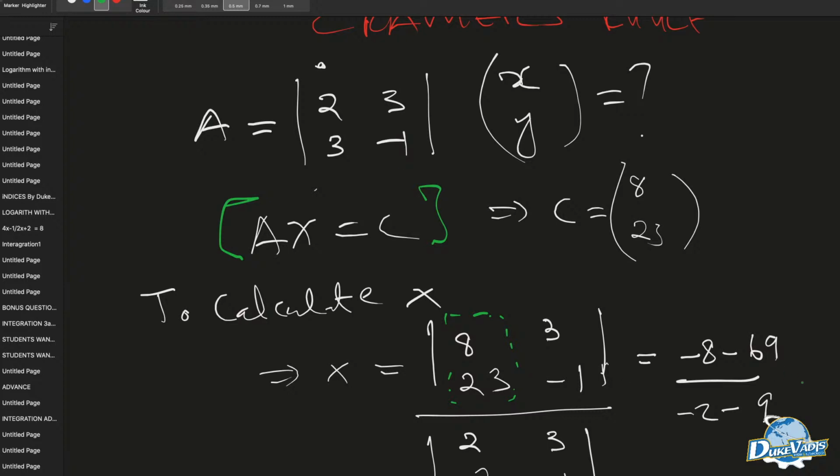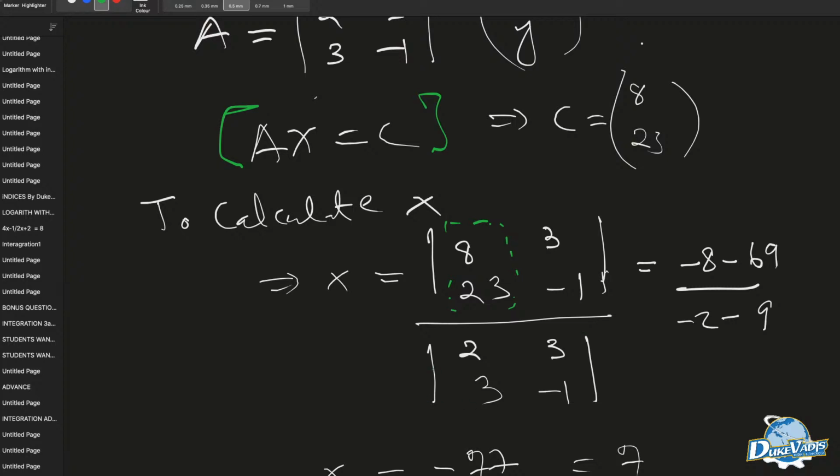So we ended up with this. Bear in mind that the denominator is the same matrix, 2, 3, 3, -1. It doesn't change.